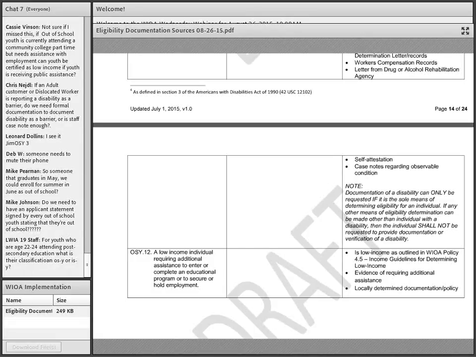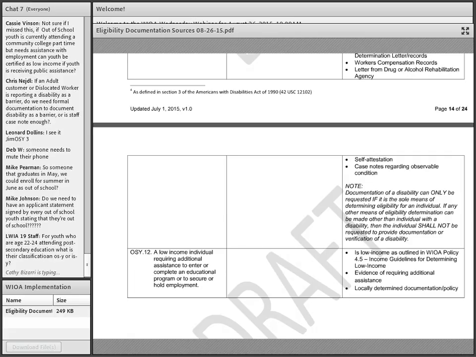Mike is asking if there's an applicant statement stating the youth is a high school dropout and doesn't have a high school equivalency certificate, is that sufficient, or does there need to be some other separate statement? Whatever the documentation is for school dropout, it says attendance record, dropout letter, school record indicating non-attendance, or self-attestation.